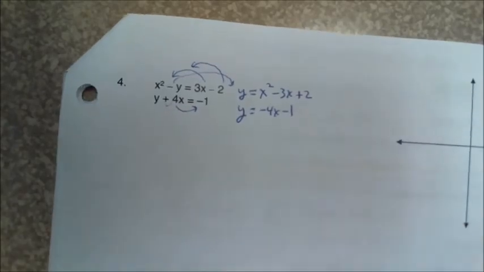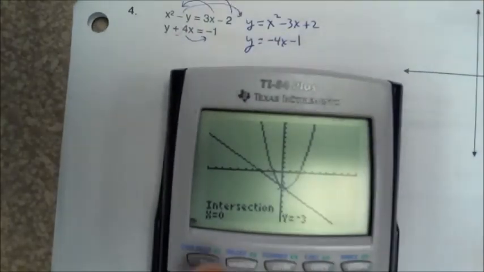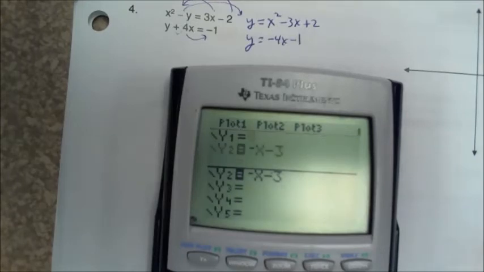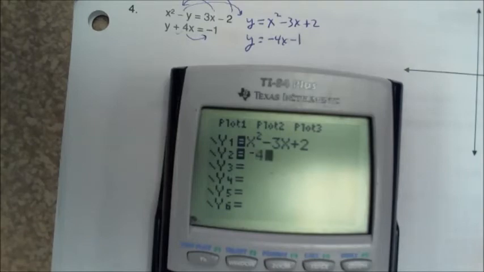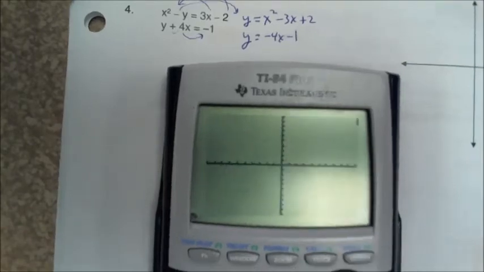All right, let's see what that looks like in our calculator. Y equals, clear that stuff out, x squared minus 3x plus 2, and then the other one is negative 4x minus 1. Let's see what that looks like.